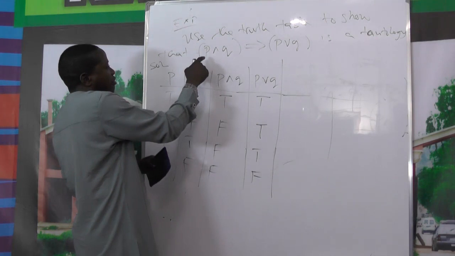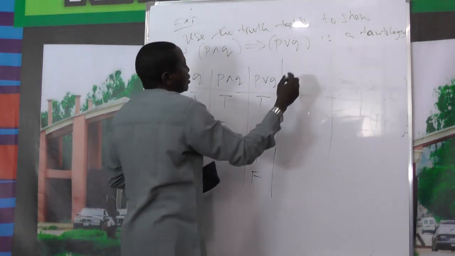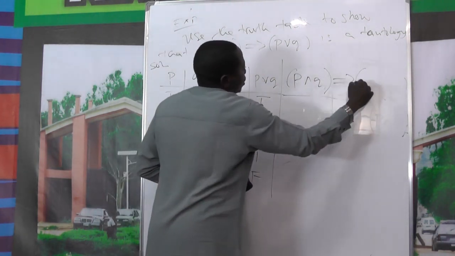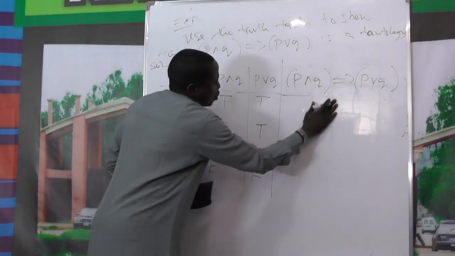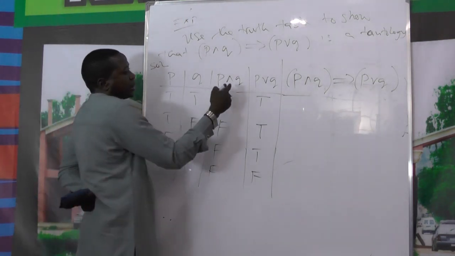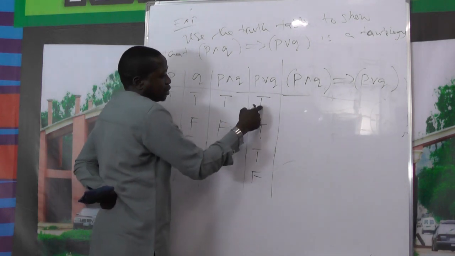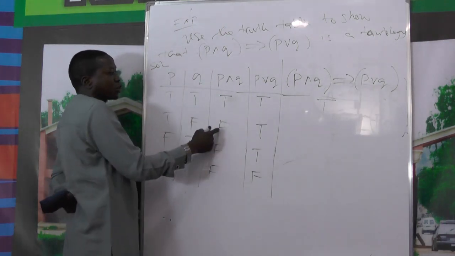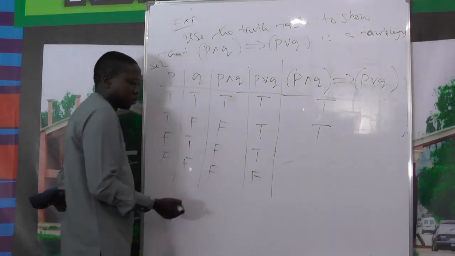Now let me rewrite this one. Since we have P and Q, this one is here, this one is also here. Now let's write this one: P and Q implies P or Q. So now let's check whether it is a tautology or not. This one implies this one. T implies T. You remember the rule of implication, which is T. False implies true, true.